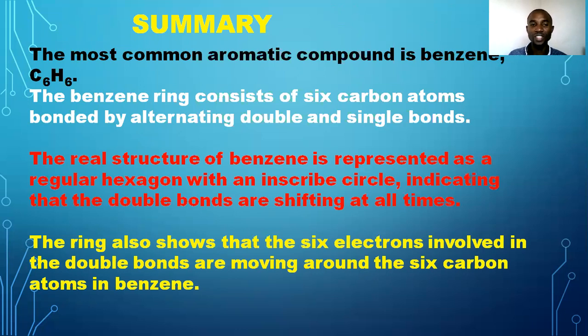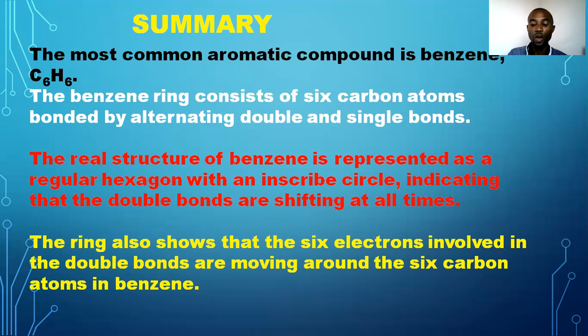Benzene consists of 6 carbon atoms and 6 hydrogen atoms. The double bond alternates with single bond. The ring structure of benzene is represented by a regular hexagon with an inscribed circle, indicating that the double bonds are shifting at all times. The ring also shows that the 6 electrons involved in the double bonds are moving around the 6 carbon atoms in benzene. I have also talked about the behaviors and chemical properties. So that is it.